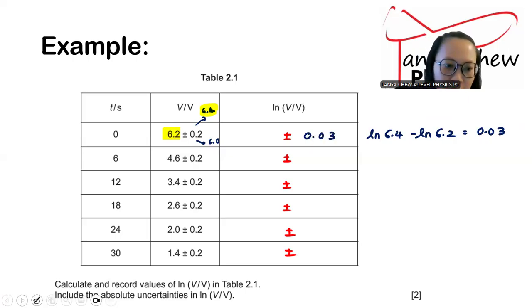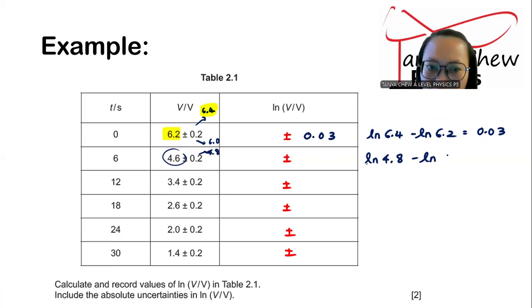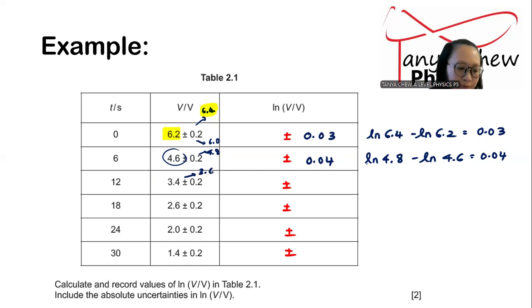And the next value, you use ln 4.6 plus 0.2 is 4.8. So you use 4.8 and 4.6. Ln 4.8 minus ln 4.6, get a value. I got 0.04, 1 SF. And the next one, 3.4 plus 0.2 is 3.6.